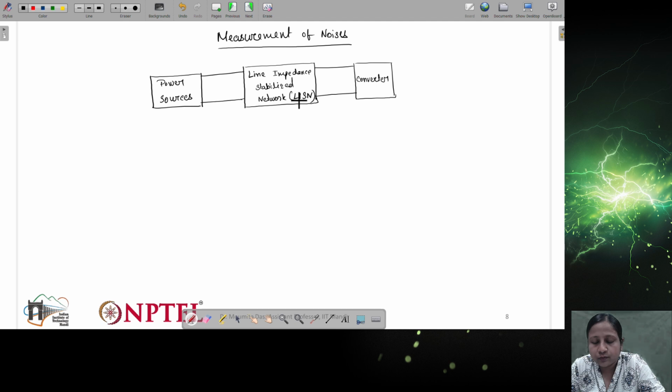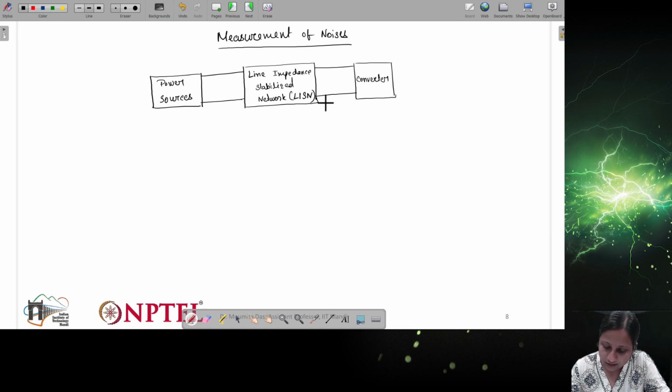When we place this network, it will provide us values of common mode and differential mode noises. Basically we can get the noises, and from there we can separate them out, or we can separate them in the experiment itself. First let's see what this network is and how it can provide us different noises, right?